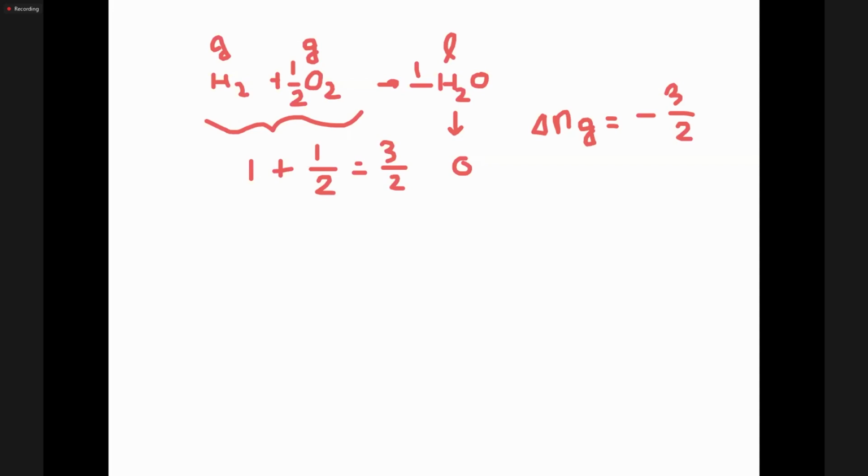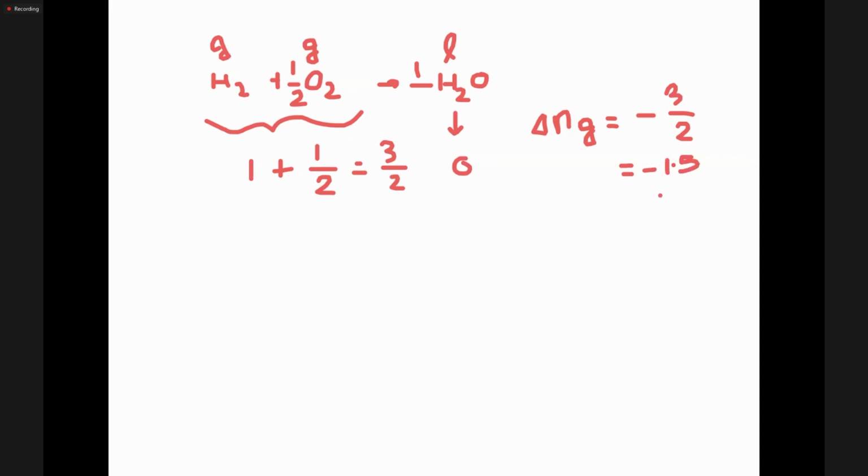So for the liquid, we ignore or neglect it without any significant error in our calculation. So now we are dealing with delta Ng, the difference in the number of moles, which is minus 3 by 2 or minus 1.5. Delta Ng will be equal to minus 1.5.